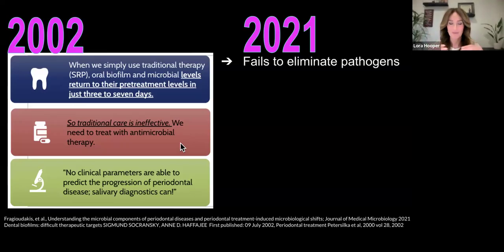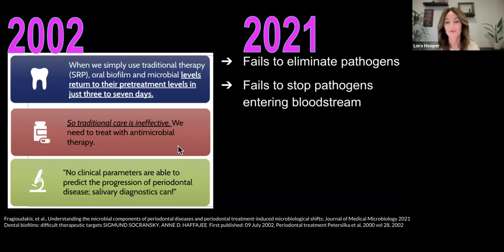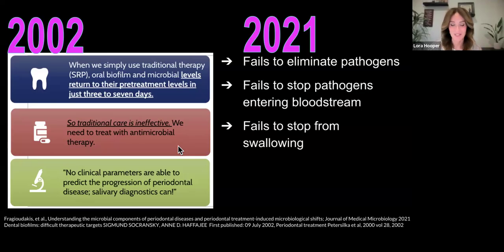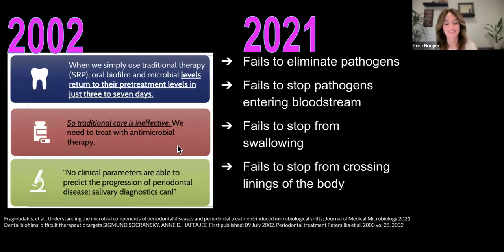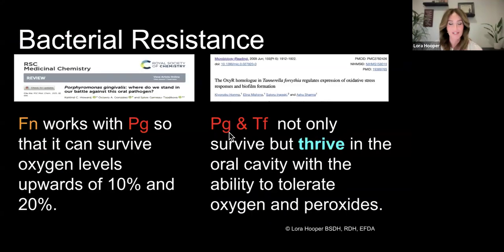We can reduce them with mechanical and what we call oral treatment, but once they're in the bloodstream, we cannot stop them from entering the bloodstream. We cannot stop the patient from swallowing them, and then once they're there, we cannot stop them from crossing the linings of the body. So we do have to understand the unique properties of the red complex, why oral is systemic, and why we need this type of combination therapy specifically for this red complex.